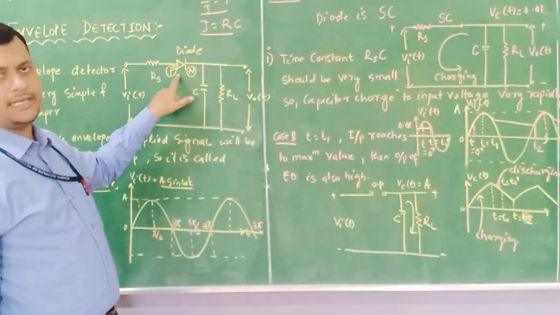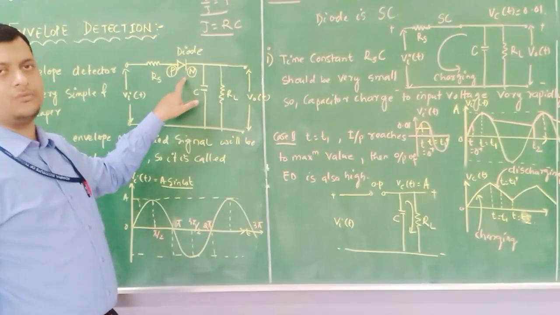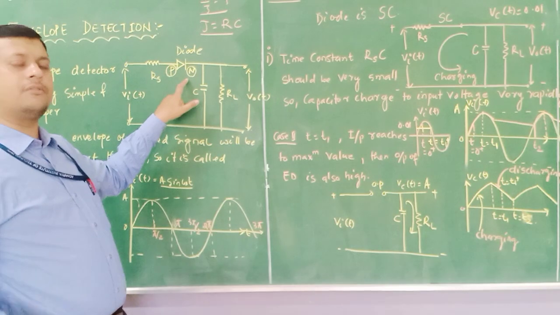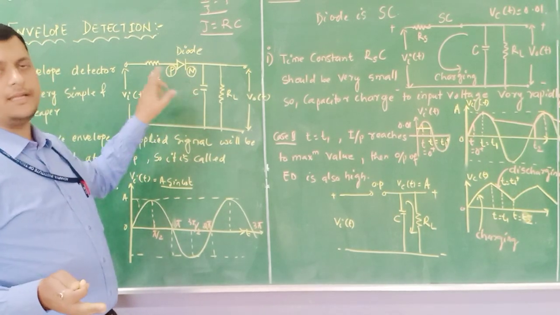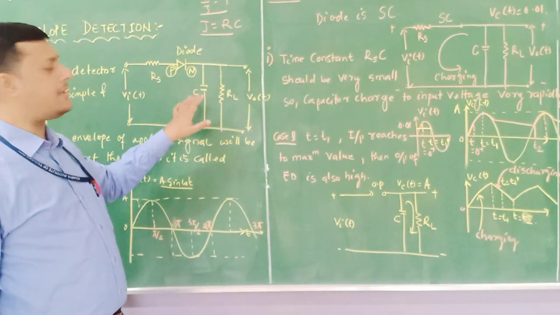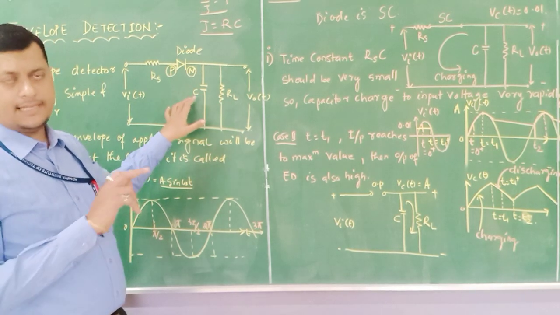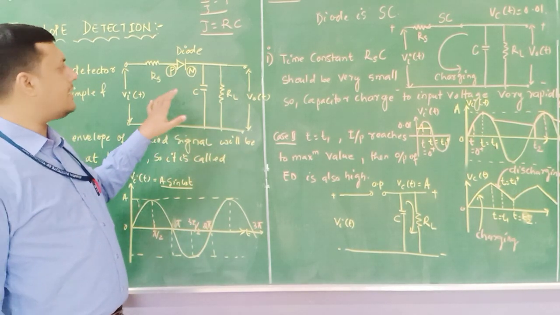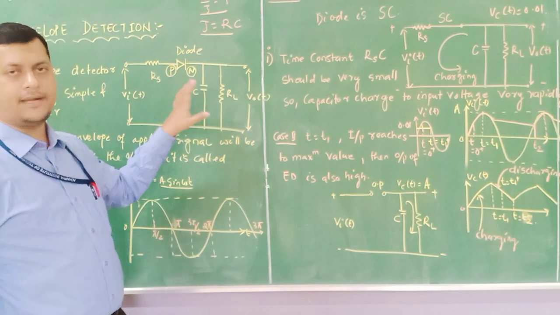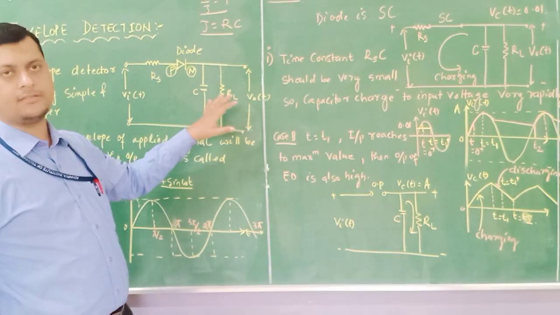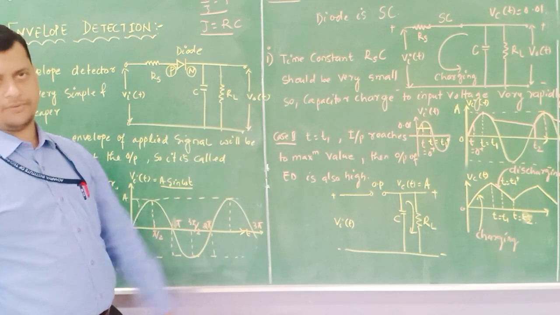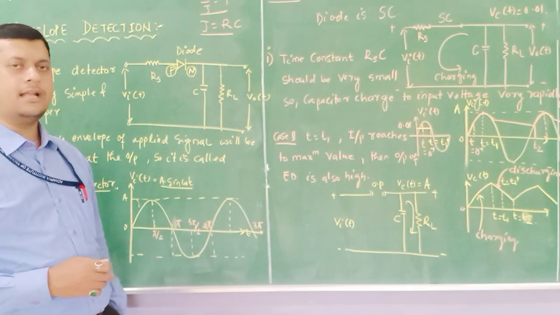Because this rectification, the first diode, will rectify only the positive half of a given signal, and that too in the presence of this RC circuit, it will identify the DC variations, and at the output this acts as a smoothing filter so that it gets as a DC component. Only the positive half will be identified.